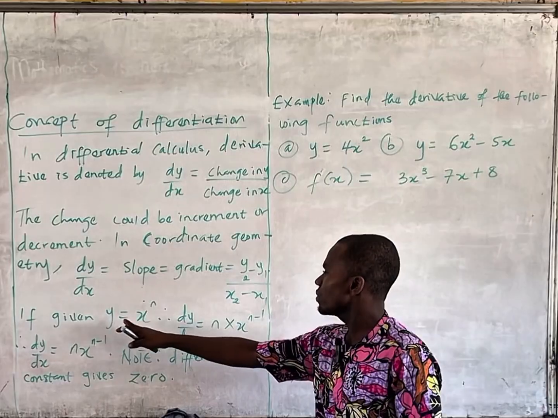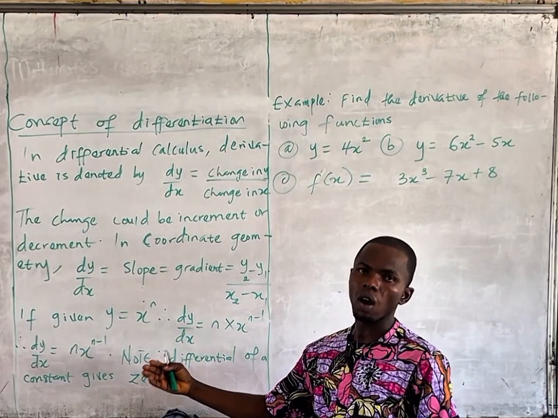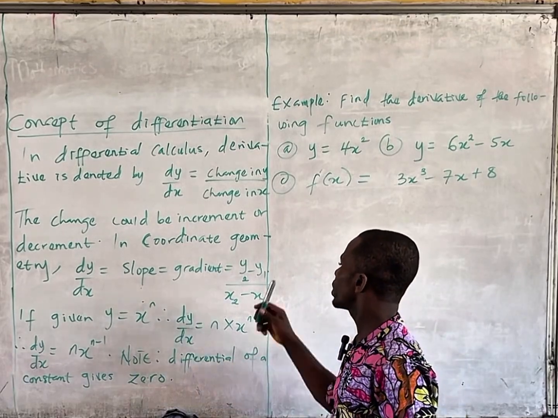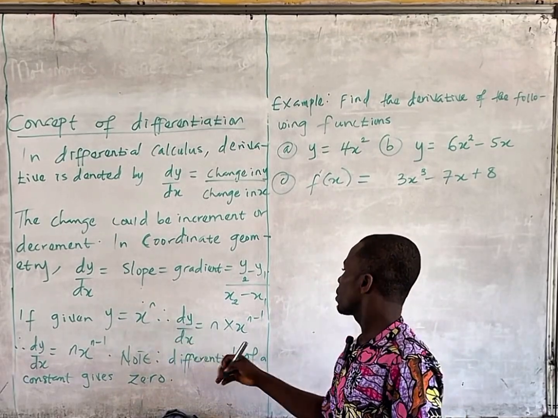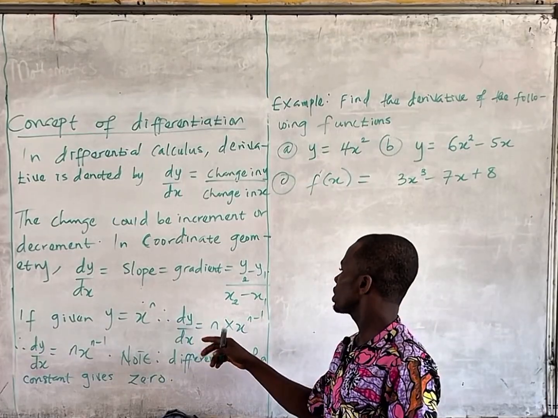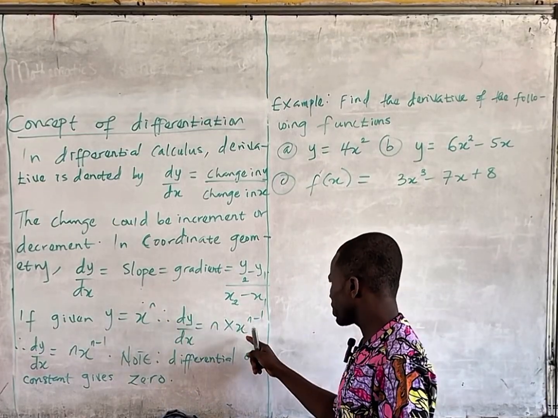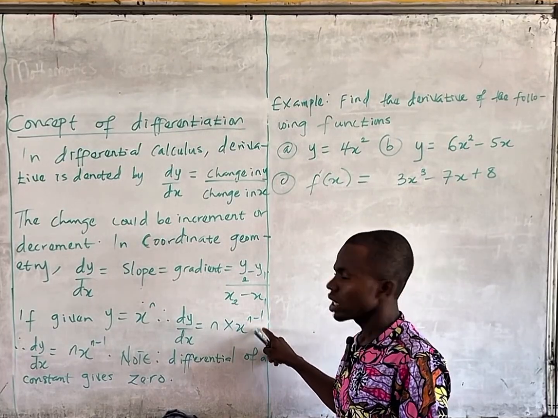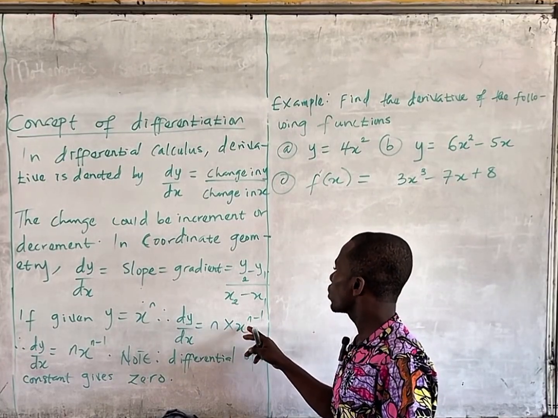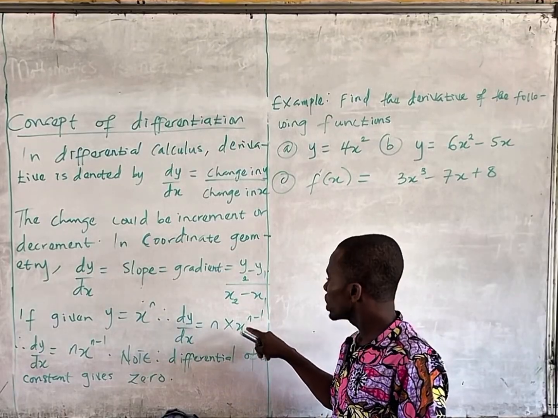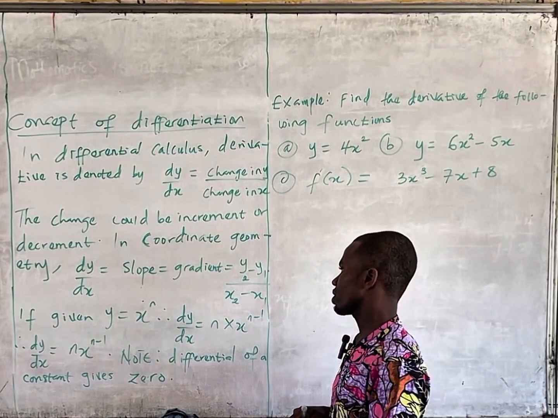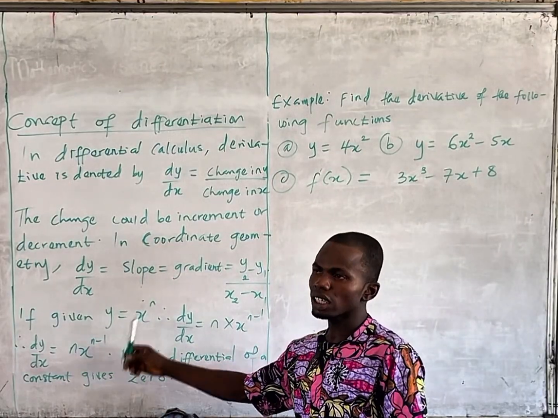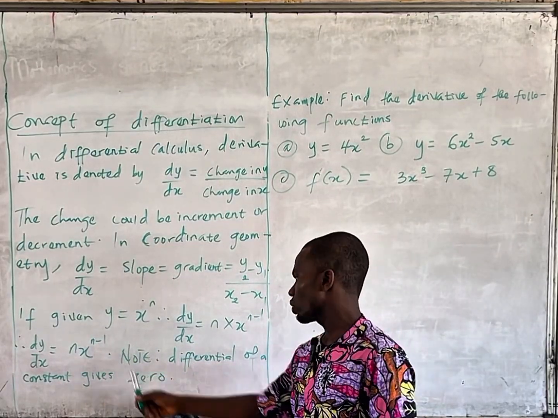To find dy over dx, we multiply the power of x by the x, then we remove 1 from the power. So dy over dx is n x raised to the power of n minus 1.